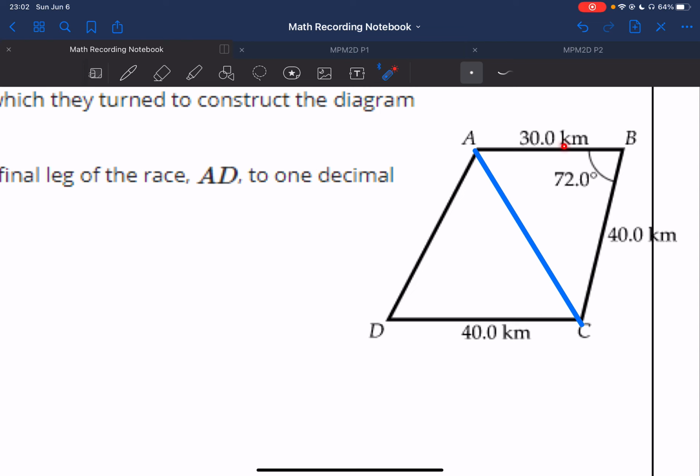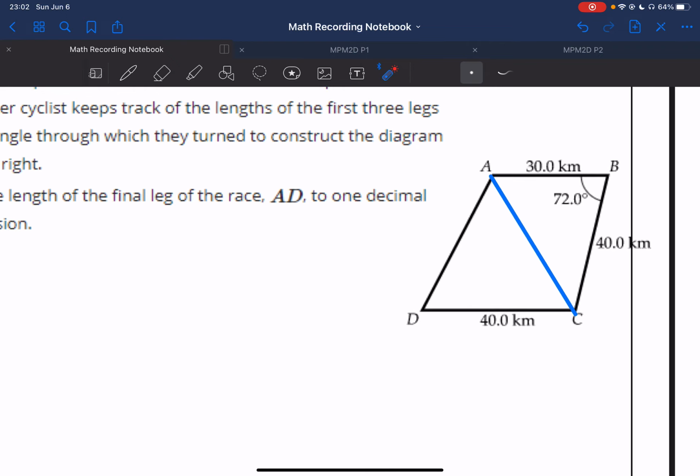And because of the Z rule, we will then be able to find out what this angle equals to. At that point, we will have another squished angle. We'll have a number here for length as well as a length here. And then we'll have an angle here, which will then enable us to go and find out what this side length is. And that's what we're going to do.